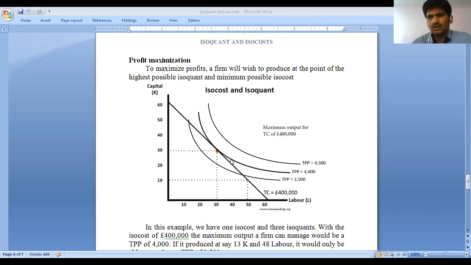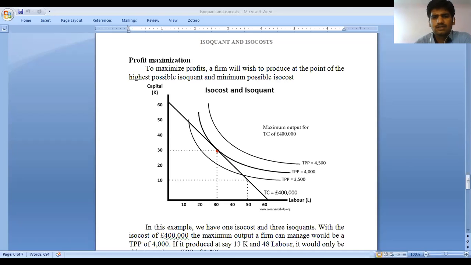Whatever it is, finally we take it as the same cost-wise, and the quantity-wise also the same, and the final outputs are also going to be changed. So if we keep the cost and output constant by changing these variables, how are we going to get maximum profit? That we are going to see.